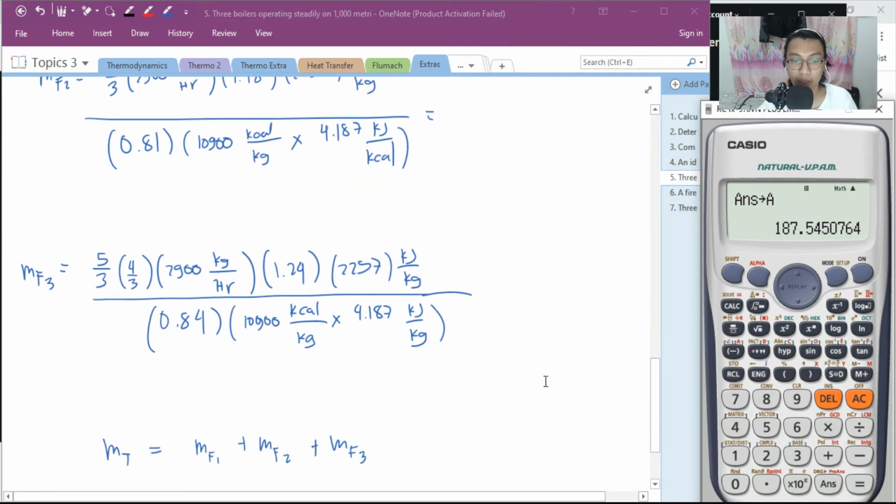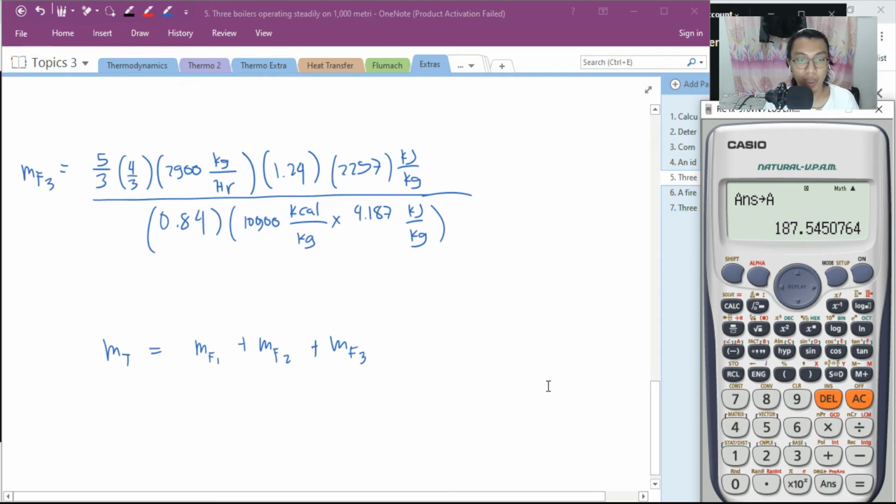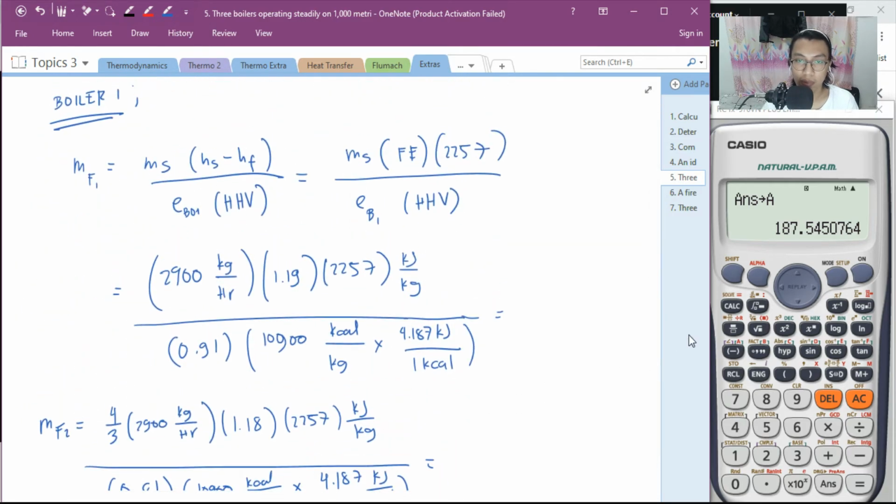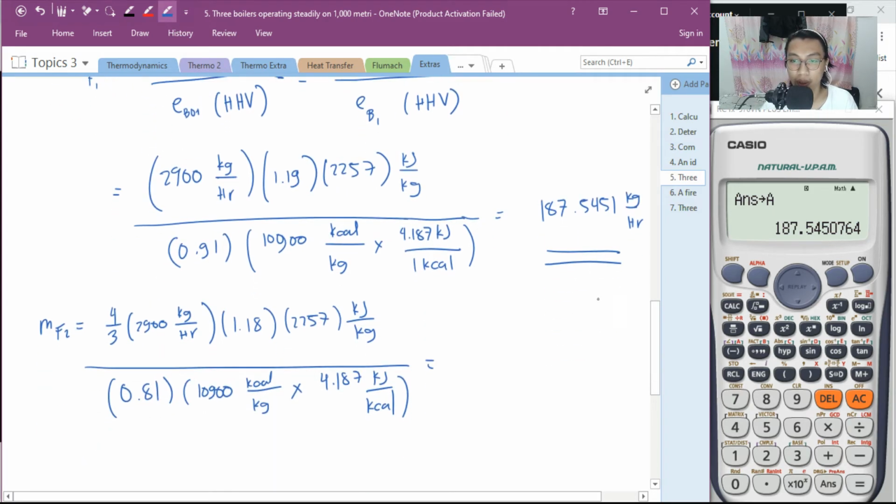Kilogram per hour. This is A. Yung B. So, lagay ko na rin dito. 187.5451 kilogram per hour. Yan yung kanyang consumption sa A. Yung kay B, ulitin natin.